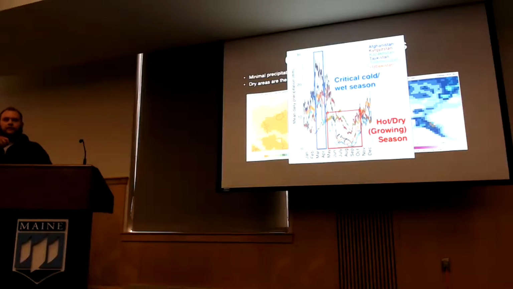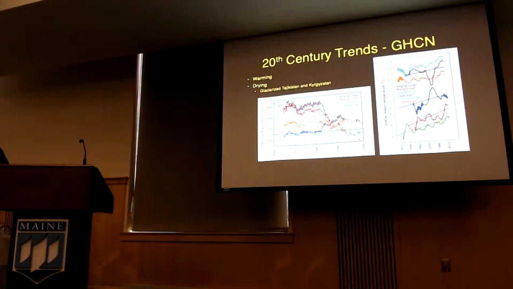About 75 million people live on that map that I showed you, and there's really no moisture that falls in Uzbekistan and Turkmenistan, where they grow the grains that feed them. So that's why we're interested in this critical overlap of cold and wet in March, April, May, because very soon after that it gets hot and dry, and that's when they need the water for growing.